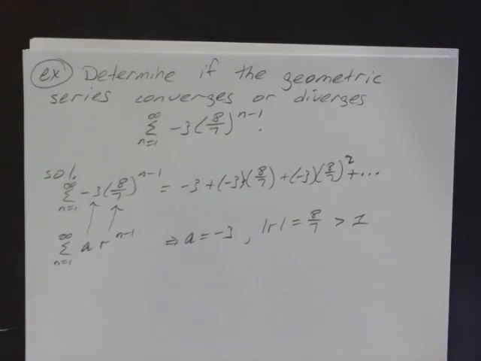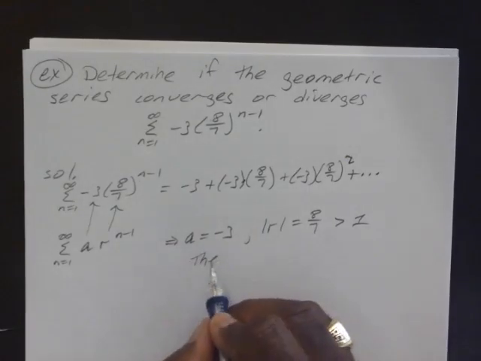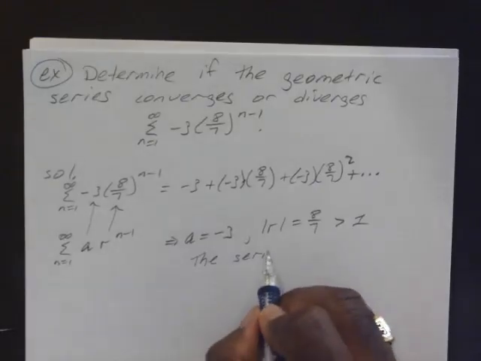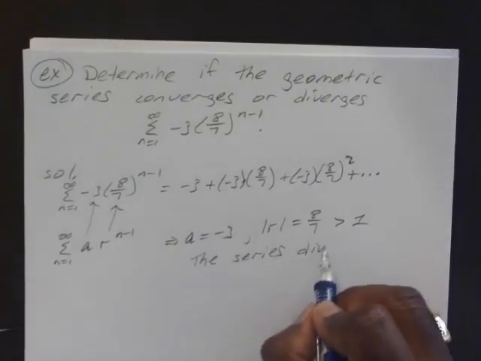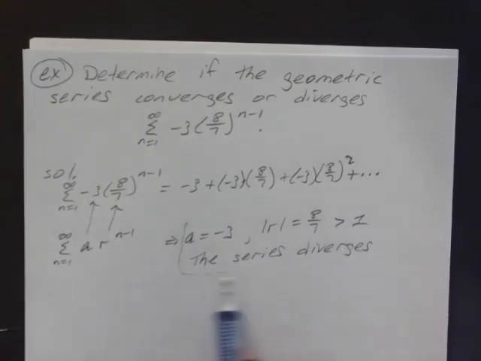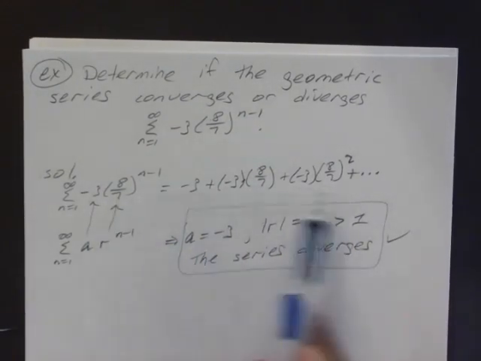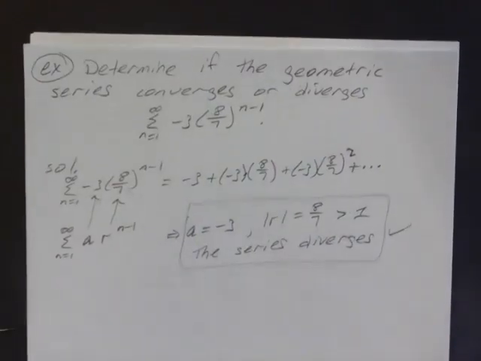So when that absolute value is greater than 1, we know it diverges. Okay, so really this is all you needed. This part up here was just extra. You don't have to do that when they tell you it's a geometric series.